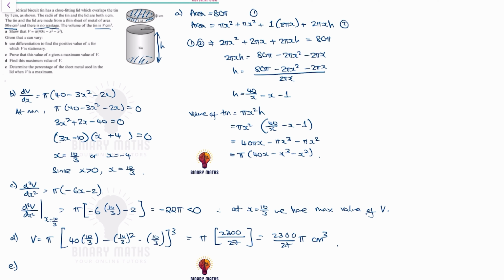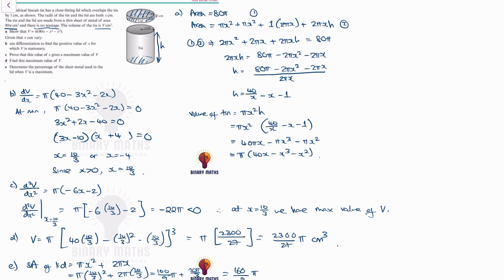So E, percentage surface area of lid is equal to pi times x squared, which is a circular part, plus the curved part, which is equal to 2 pi x, which is equal to pi times 10 over 3 squared plus 2 pi times 10 over 3 at this maximum value, which is equal to 100 over 9 pi plus 20 pi over 3, which if you put it together gives you 160 over 9 pi.